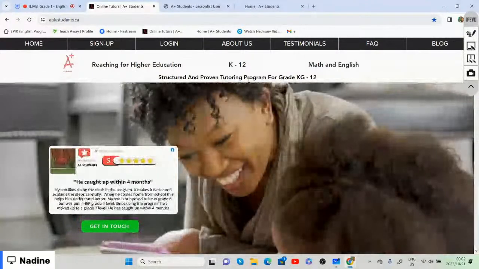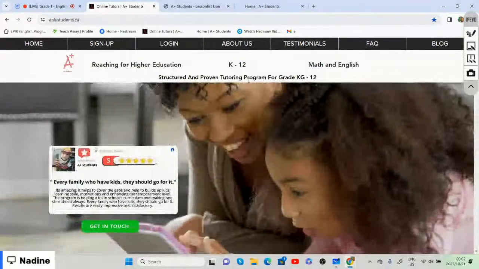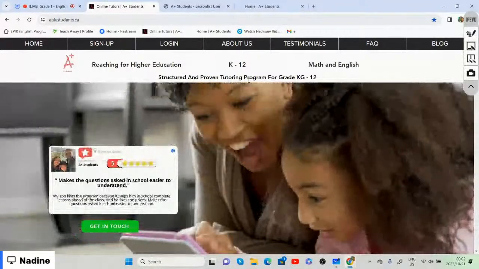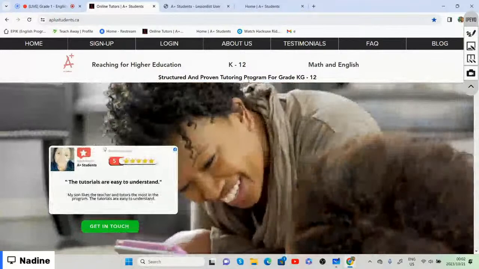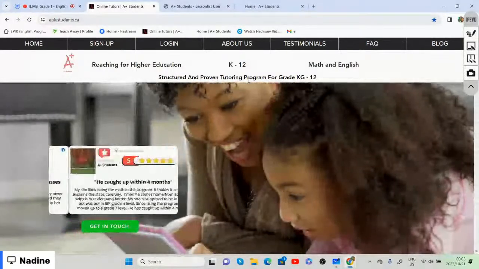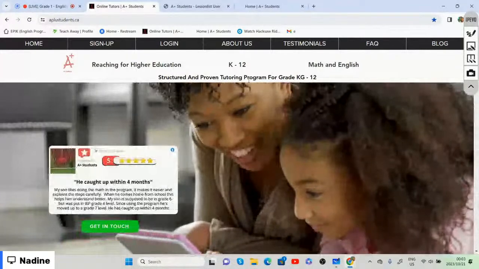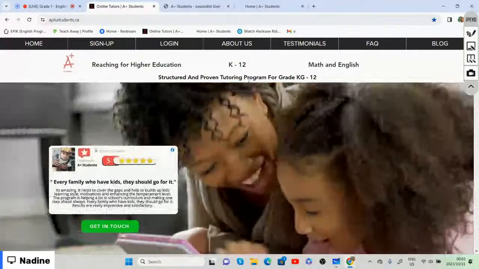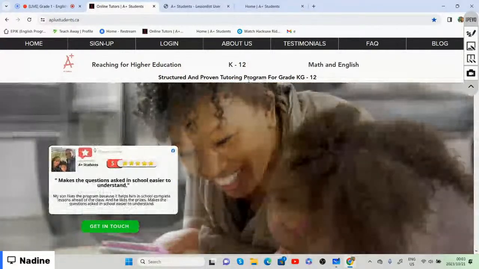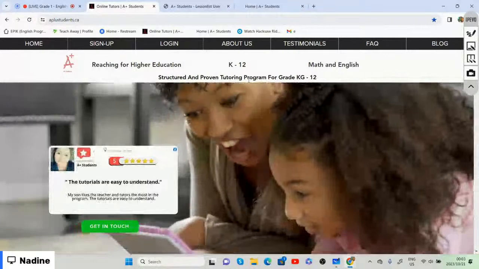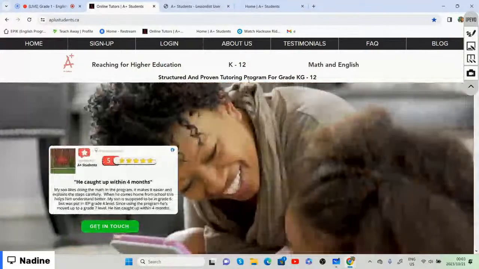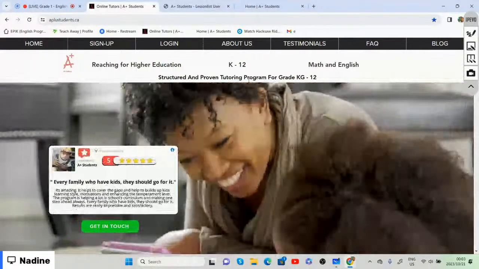Before we start with our lesson, we're going to log into aplusstudents.ca. Once you've logged in with your username and password, you select the subject of language arts and then grade 1.